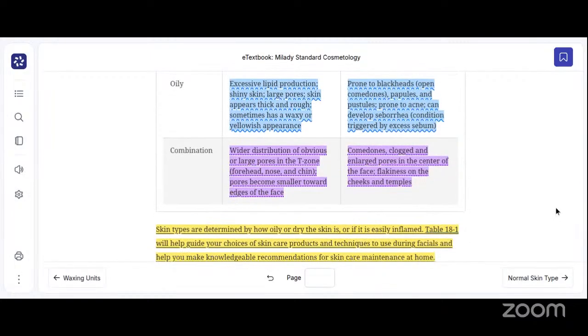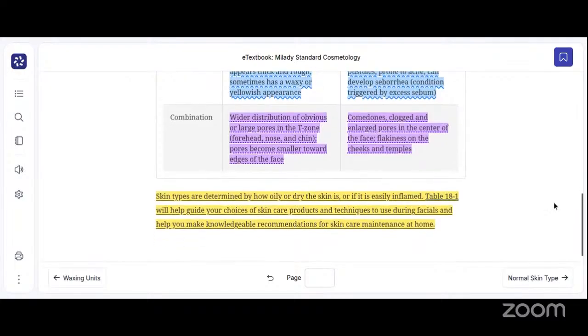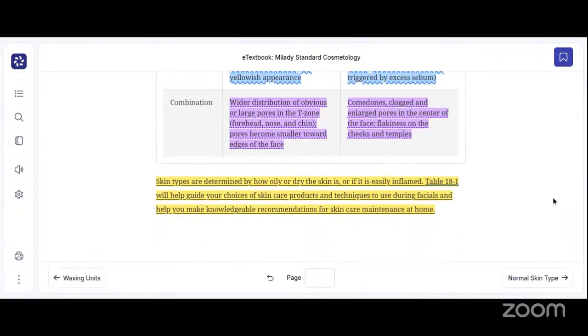Looking at skin types, you also have highlighted in yellow that they are determined by how oily or dry the skin is, or if it's easily inflamed. Notice that I did not put sensitive skin up here. Sensitive skin is not a skin type, it's a condition.